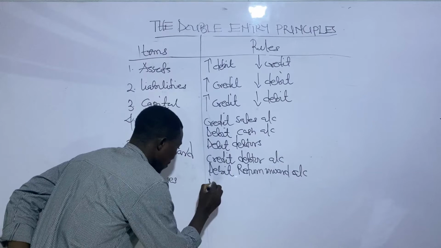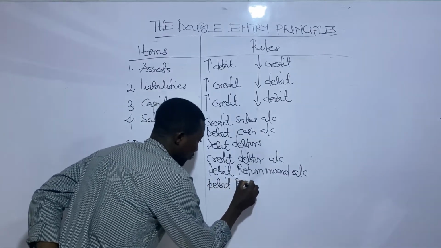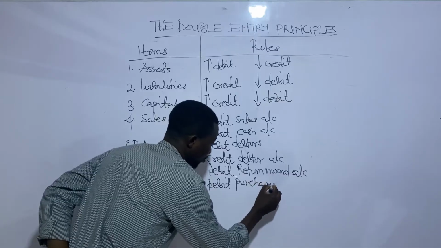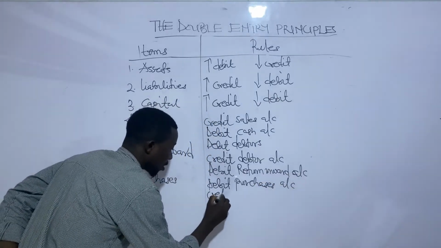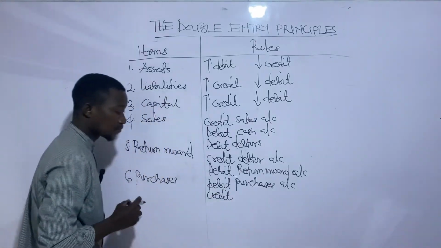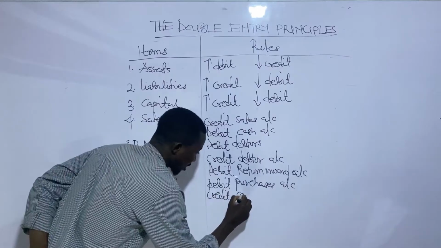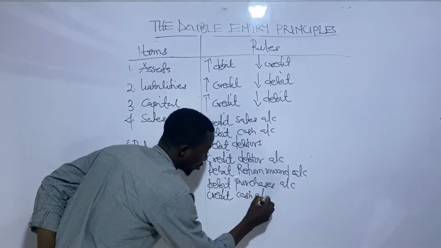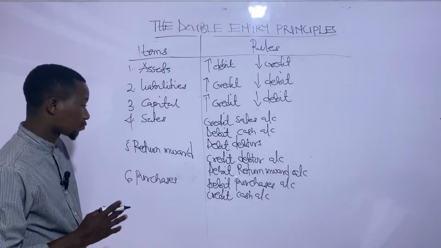So we debit purchases account, then we credit cash, because when we made purchases, our cash will be going out. So we credit cash account or bank account. That is where we made payment by check.